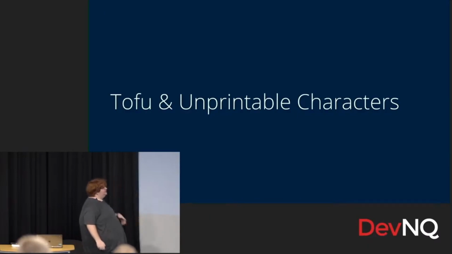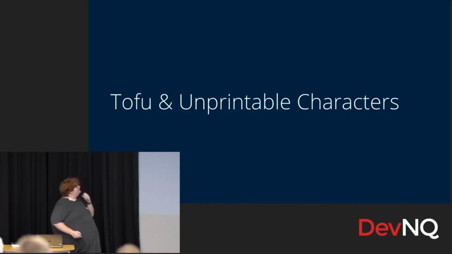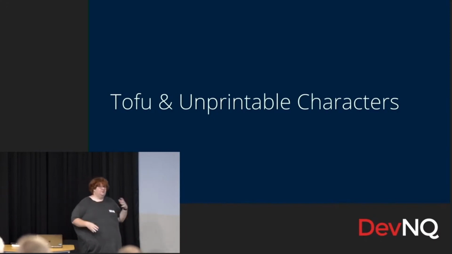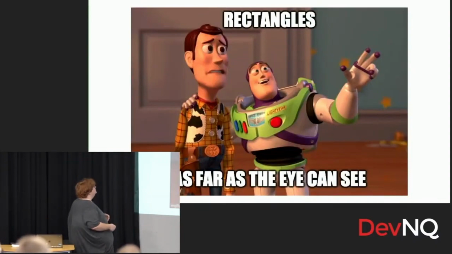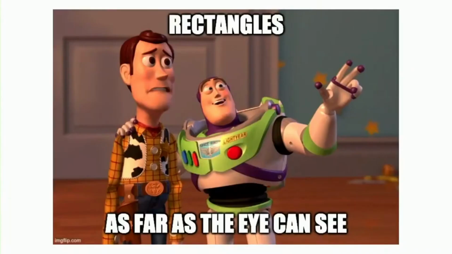I referenced this earlier, and it's those unprintable square rectangles that you get sometimes. They're not too common nowadays because computer support for different languages has gotten a lot better, but anyone who was around on the internet in the early 2000s will probably remember these being very prevalent. It was basically rectangles everywhere if you went outside your supported language.